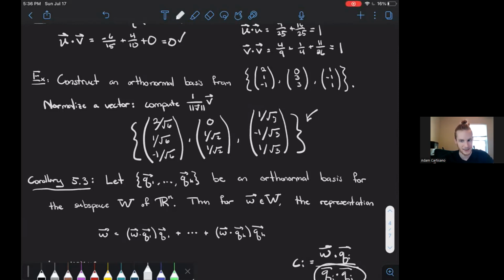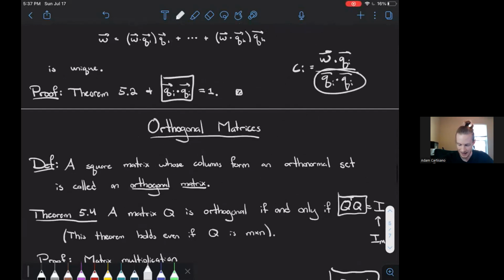You should, at the very end, come to the conclusion that the inverse of this matrix, the one where these are its columns, is the matrix that you get when you take the transpose of each of these vectors as the rows of that matrix. Just do the transpose. It's amazing.